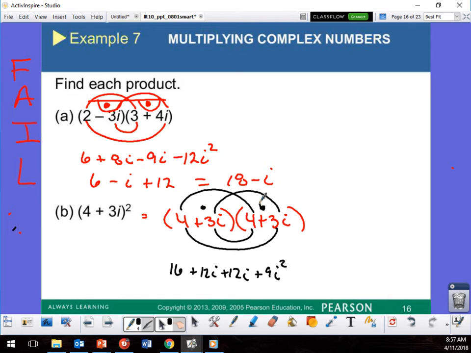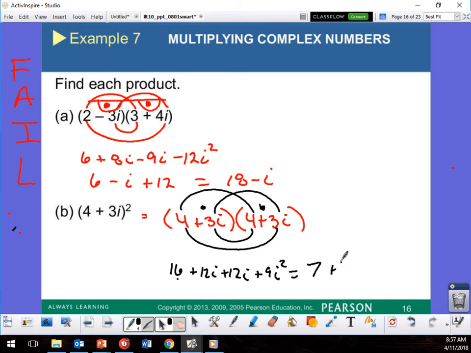From here, the i squared is going to give me a negative 1, right? So that's going to make that a negative 9, isn't it? So I have a negative 9 here and a 16 over here. Negative 9 and 16 is going to give me what? 7. Very good.